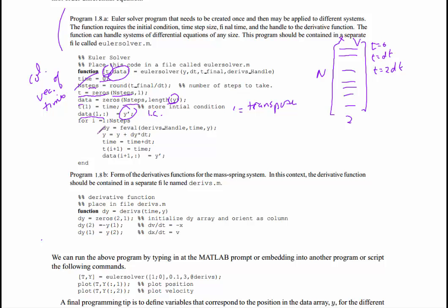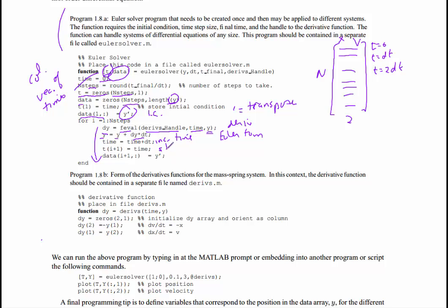Okay. Now we see some very familiar statements. This is the derivative. This is evaluating this derivative's function at the current time with the current value of y. You increment y according to the Euler formula. So this is the Euler formula. This is the derivative. And here's the increment of the time.